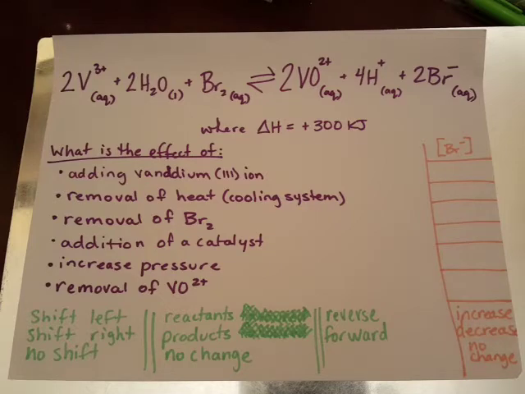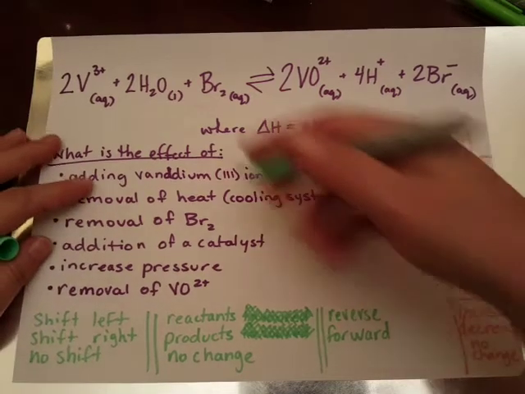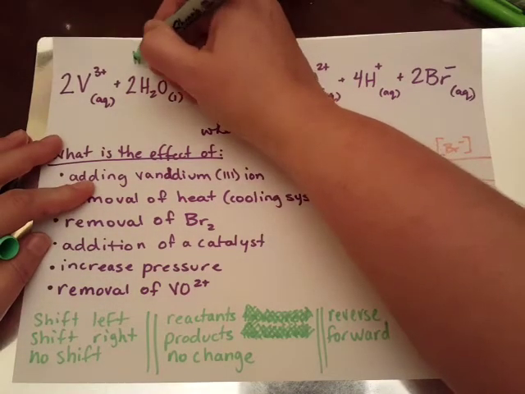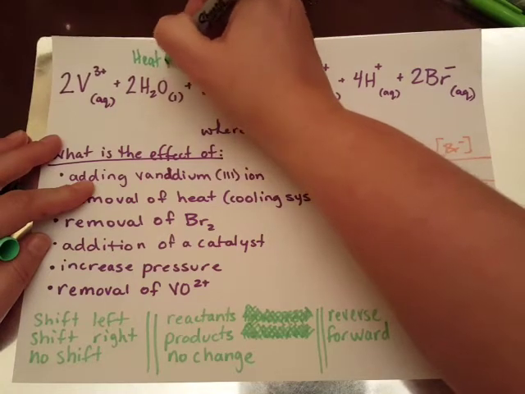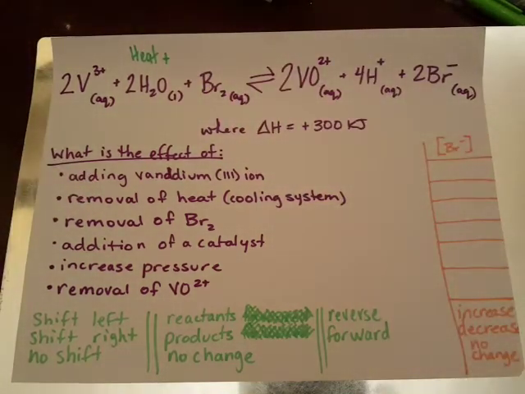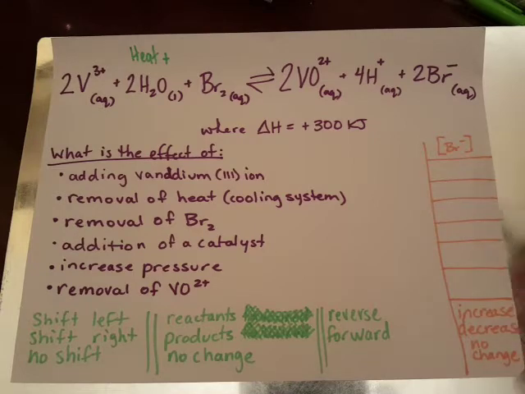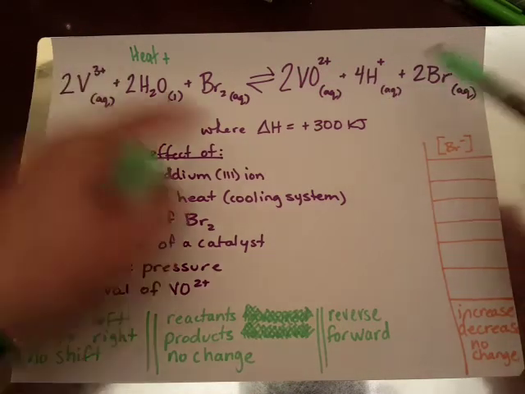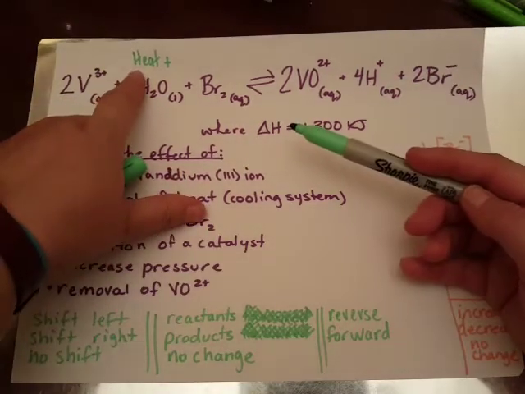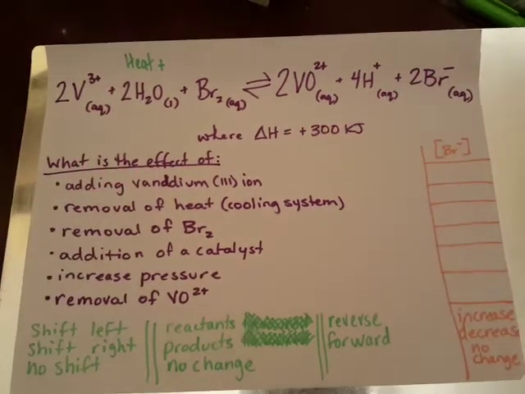For an endothermic reaction, I like to think of heat almost as a reactant, because you need X number of kilojoules for that forward reaction to occur. You also need heat for the reverse reaction, but the difference will be greater on the reactant side.